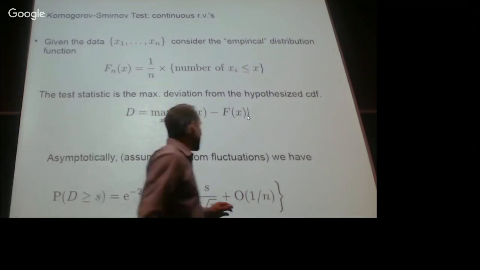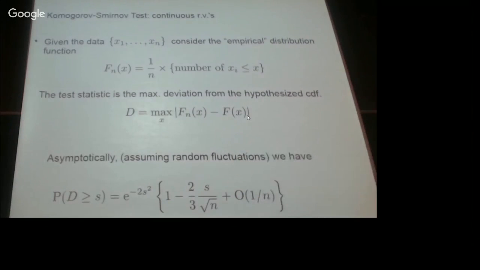So I'll divide this absolute value into 2 cases. There's a positive case where Fn minus F, we want to find that max. Well, it's just written another way. You can either have the largest value being where this thing is positive or where the reverse is positive.